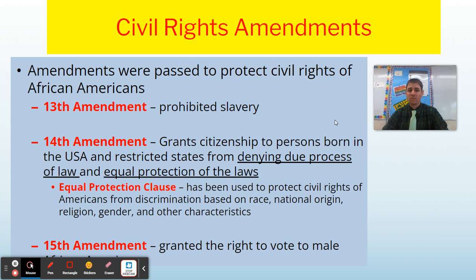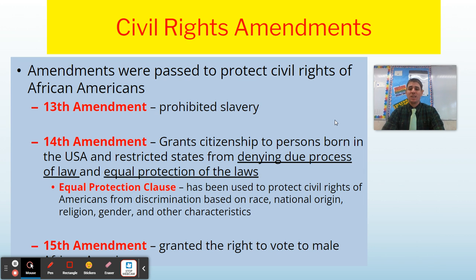14th Amendment, again my favorite amendment, grants citizenship to persons born in the U.S. and restricted states from denying due process of law, right? Those are the 4th through 8th Amendments that grant some civil liberties for those that have been harmed, and equal protection of the law.